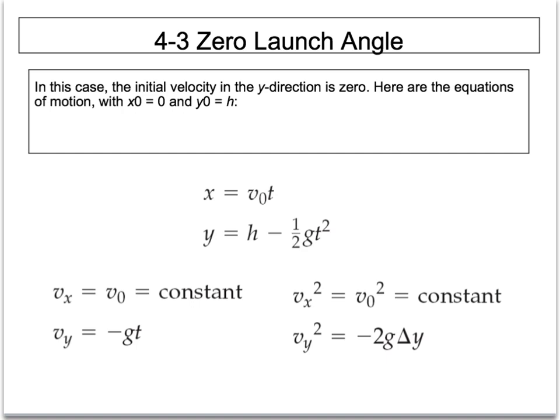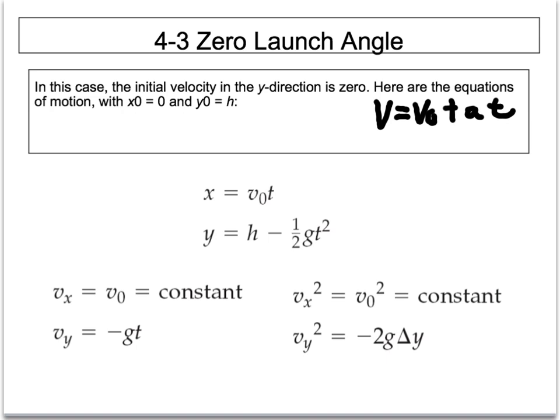Alright, equations. Let's think back to the equations we already know. So please don't panic with all the stuff on the screen at the moment. I'm going to write out the equations we've been using up to this point. So we have final velocity equals initial velocity plus acceleration times time.